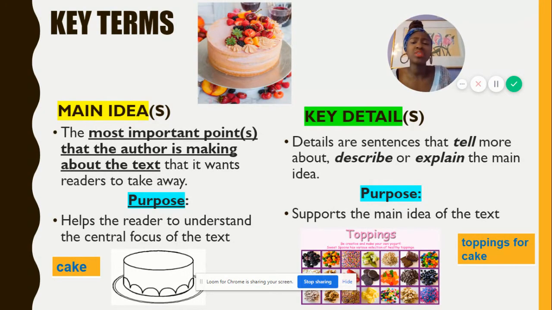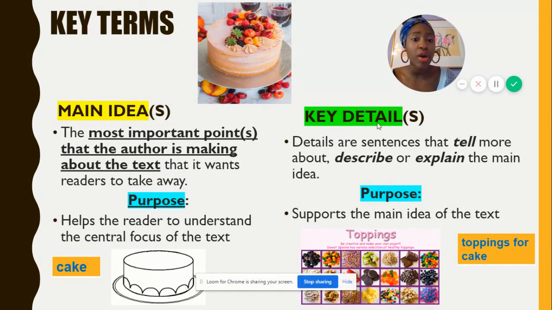So then what, Ms. Starling, is the purpose of key details? Well, the purpose of the key detail is that it's going to support the main idea. Main idea, what is the story really talking about the most? Key detail, what is the sentence that talks about that main point? Or what is the sentence that talks about that main focus?